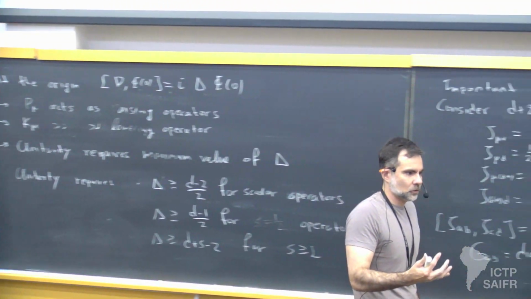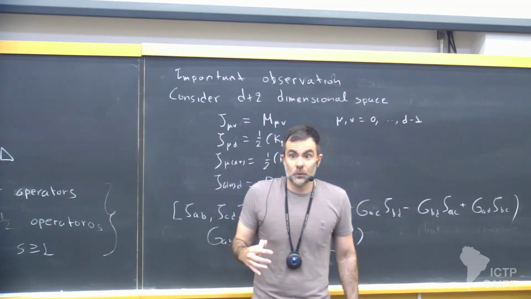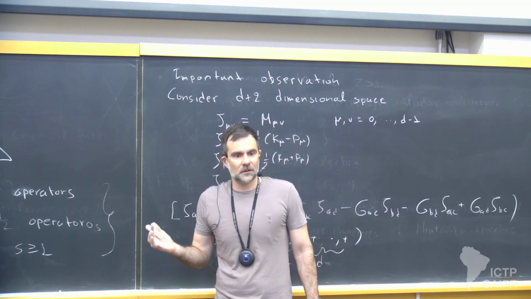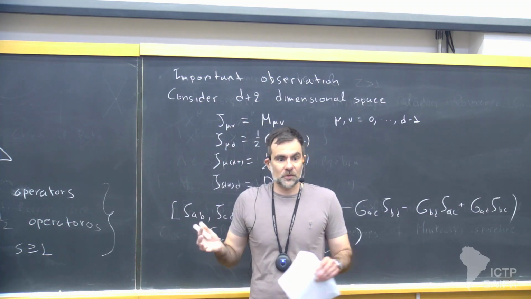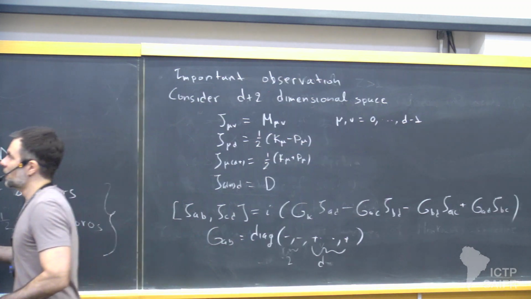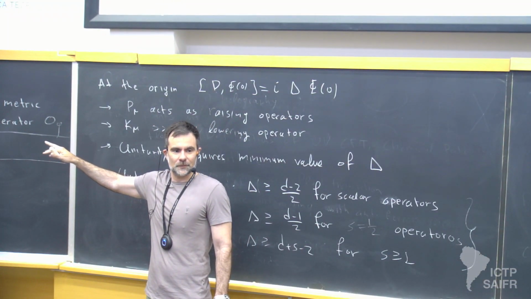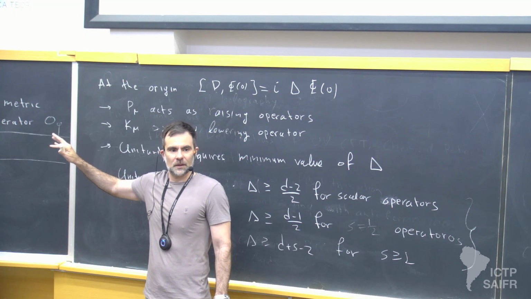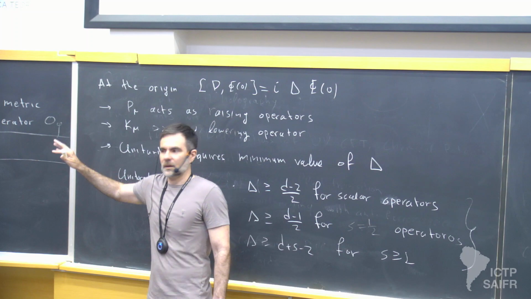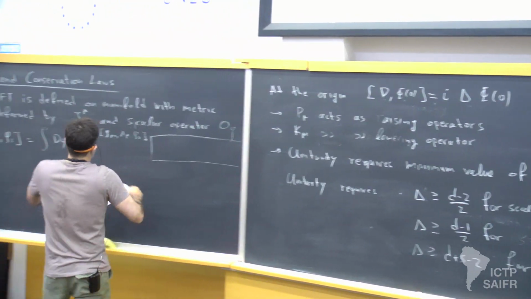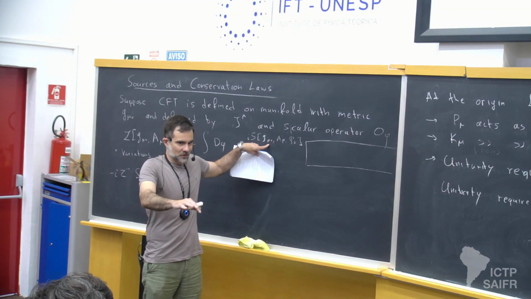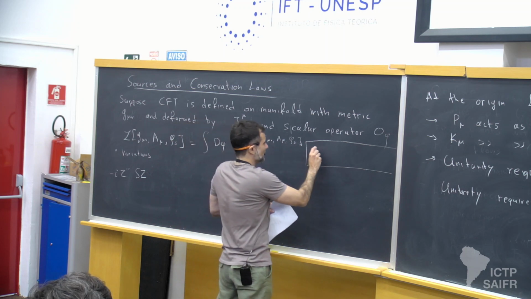If you have an action for a theory, you know how to covariantize the derivatives and everything, so you know how to write it on a general manifold. This is what I mean by this background G mu nu. Yes, that part is fine. I was asking what we mean by deforming a CFT by J mu and O.